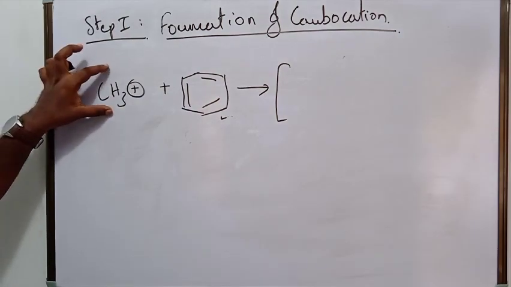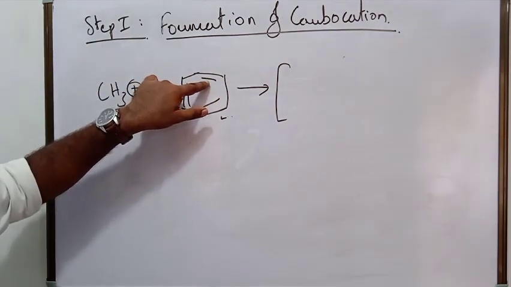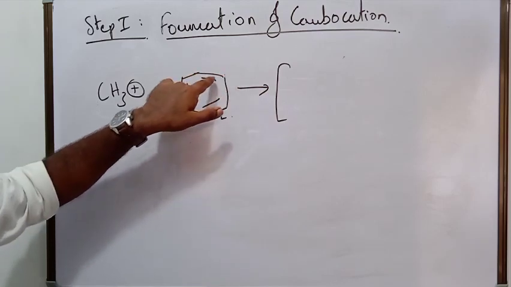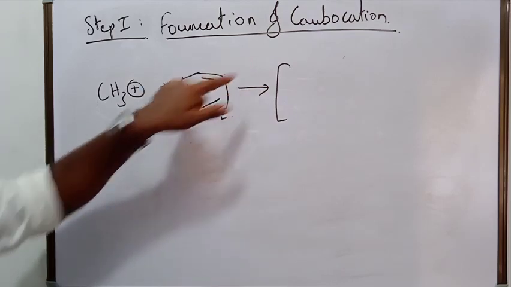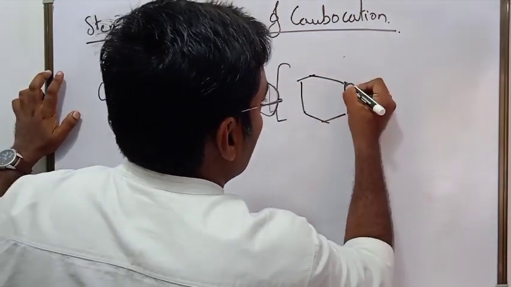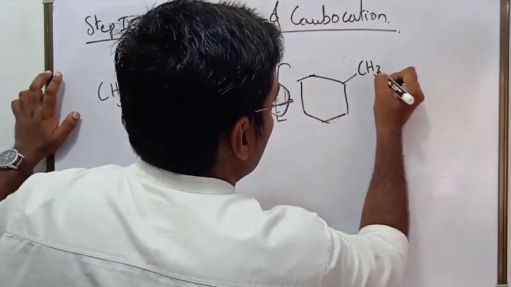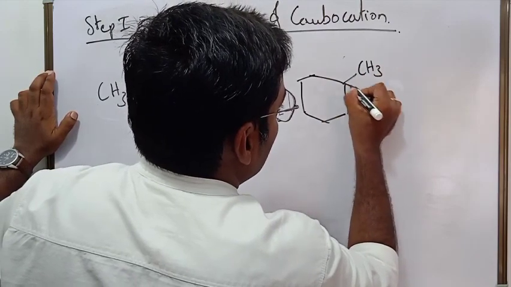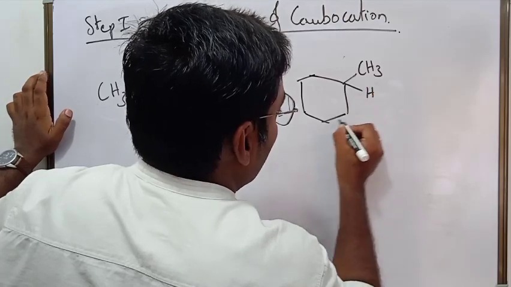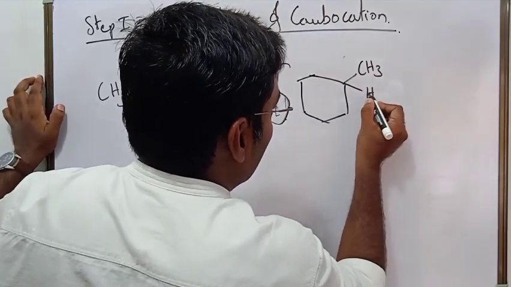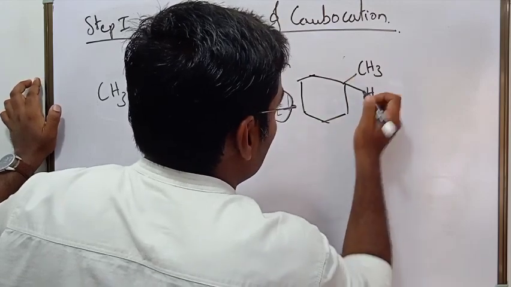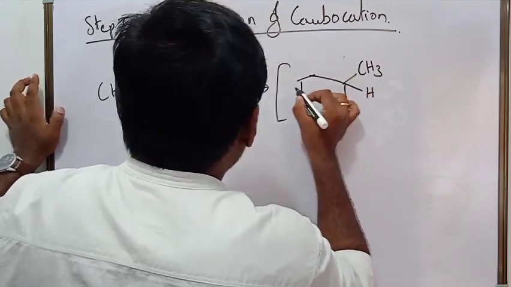So assume that it is trying to get it from this position, and it has successfully got the electron pair. So you get something like this. This carbon already has a hydrogen. Actually all carbons have. I am writing it for this carbon only for better understanding of the mechanism.